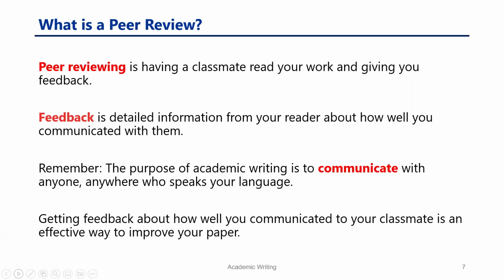Remember, the purpose of academic writing is to communicate with anyone, anywhere who speaks your language. So this is like a test. How well did I communicate with my reader? And you're going to have a reader that's going to answer that question. Getting feedback about how well you communicated to your classmate is an effective way to improve your paper.